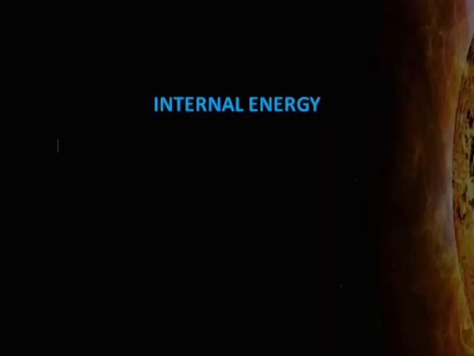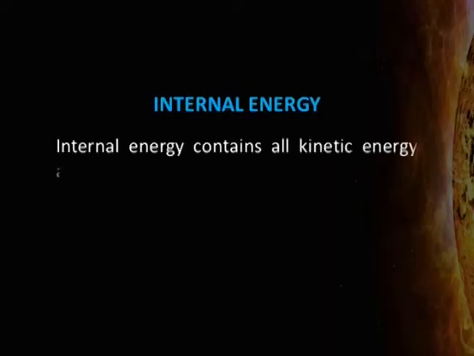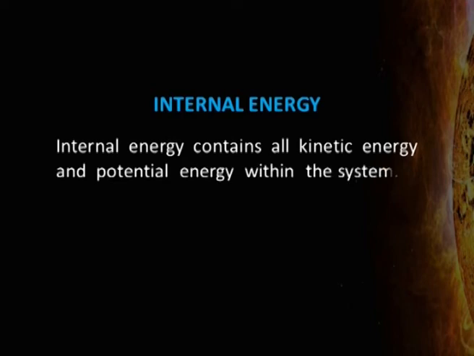A fundamental parameter in thermodynamics is internal energy. This internal energy is denoted by the symbol U or E. The internal energy of the system is the sum total of all types of energies of the system. Internal energy contains all kinetic energy and potential energy.